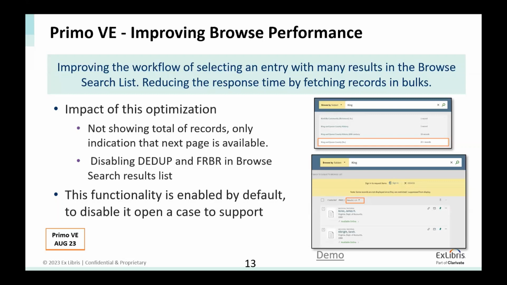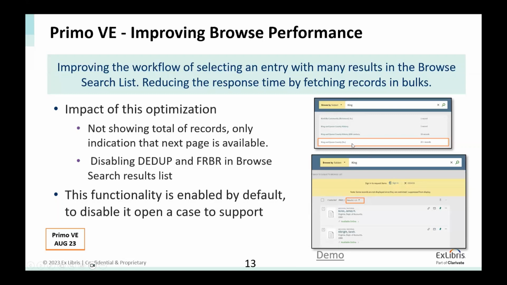To make it lightweight and available for the user in reasonable time, we are now going to bring from Alma a bulk of records and not the entire set. And in order to achieve this performance, there is an impact that you need to be aware of.